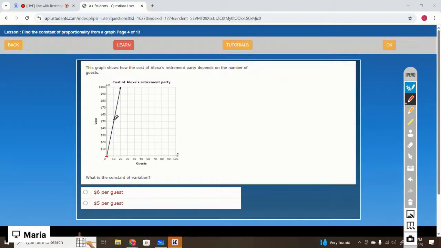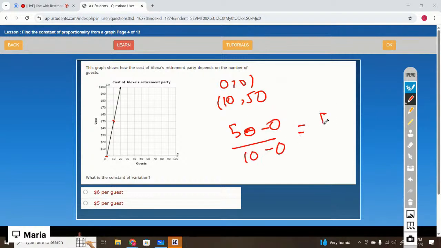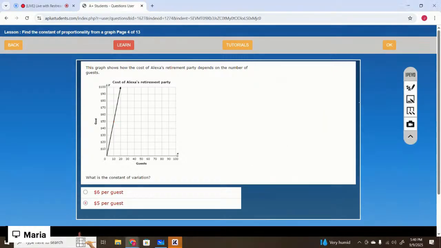So the points are 0, 0 and 10, 50. So that is 50 minus 0 divided by 10 minus 0. So $5 per guest. The correct option is 5. The correct option is $5 per guest.